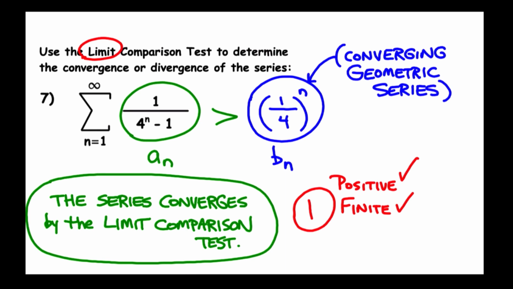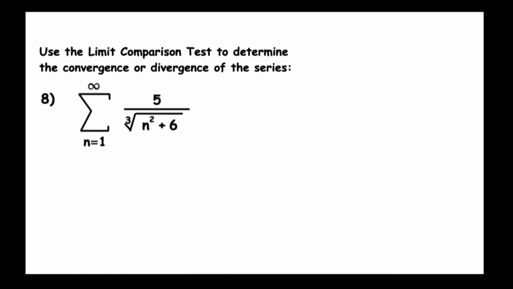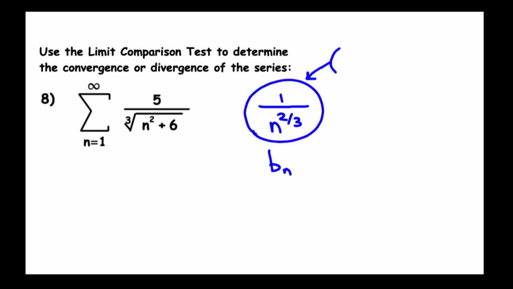All right, let's do our last one, number 8. Oh my goodness, wow. Okay, I'm going to compare this to 1 over n to the 2/3, which I realize is a diverging p-series.